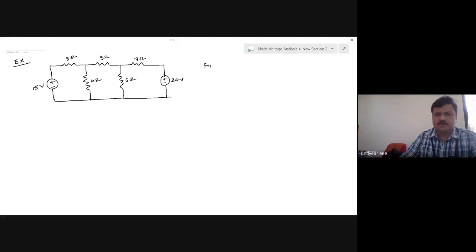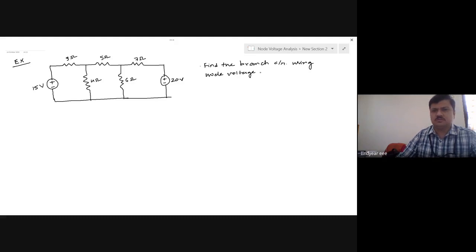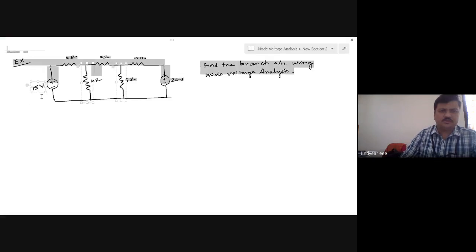So find the branch currents using node voltage analysis. Now, momentarily I will copy the circuit as it is.